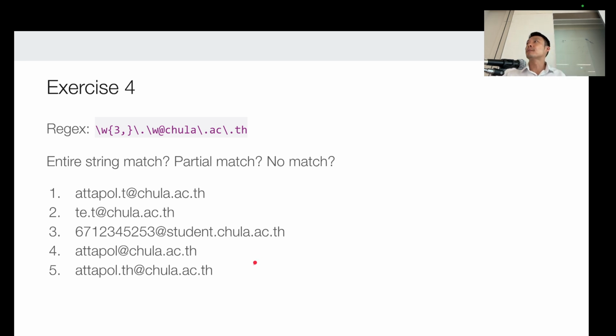How do we differentiate between partial and match? Okay, good question.